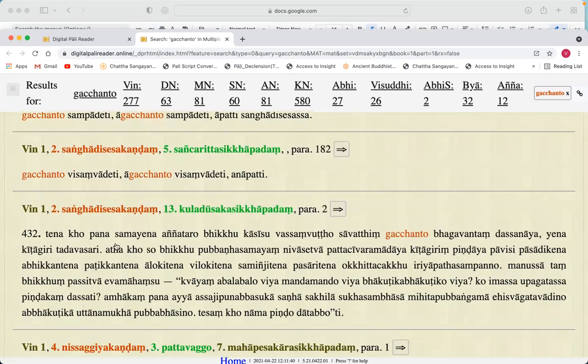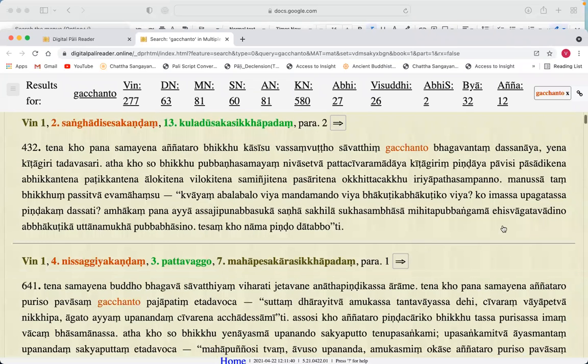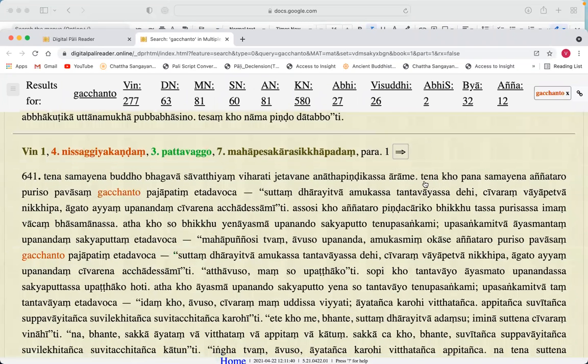Gechando, okay. Dinakobana samayina and yadro beku. And then sawate gechando, also singular. Then dinakobana samina in yadro buriso, and bawa sangechando, also in yadro buriso. So singular. And then atako so beku yena, yasama ubanando, sakya bodo, denuba senkeme, uba senkame doa, ayasamana ubanan.